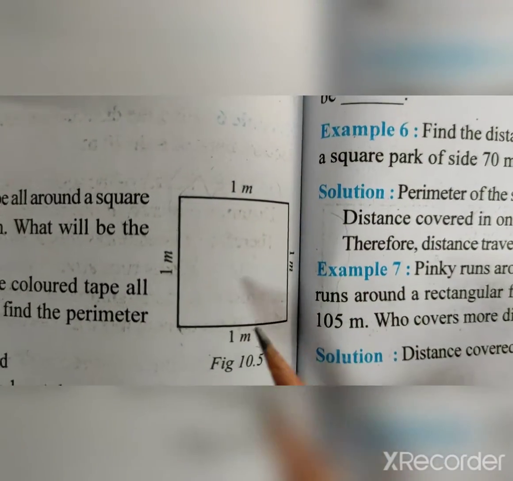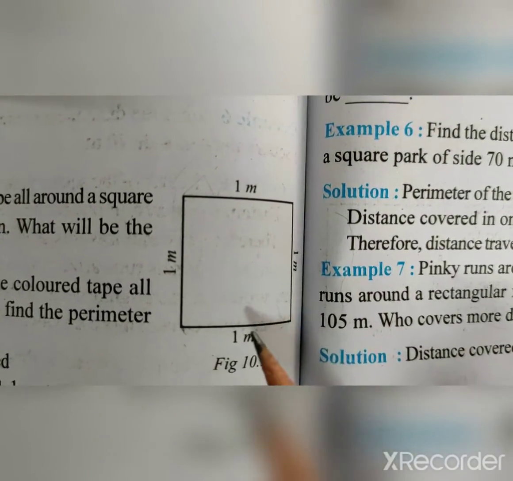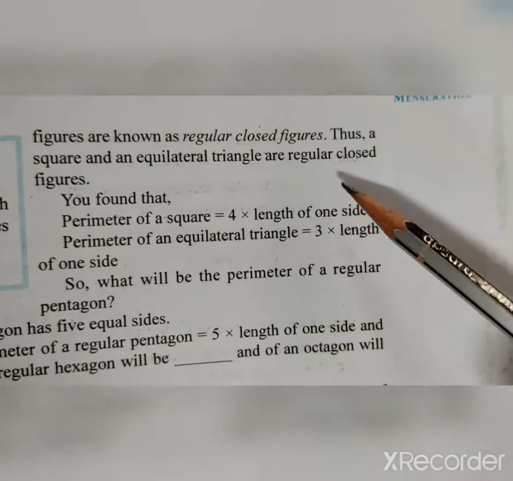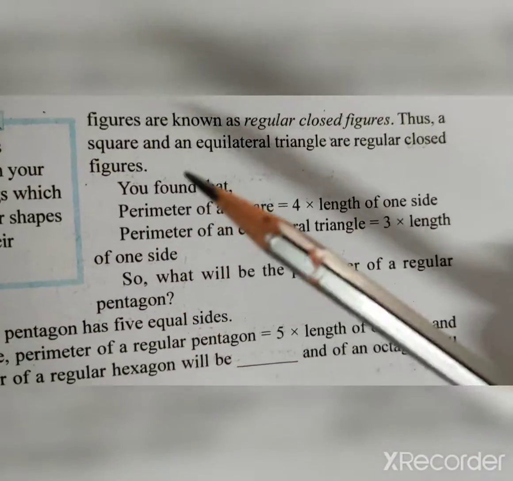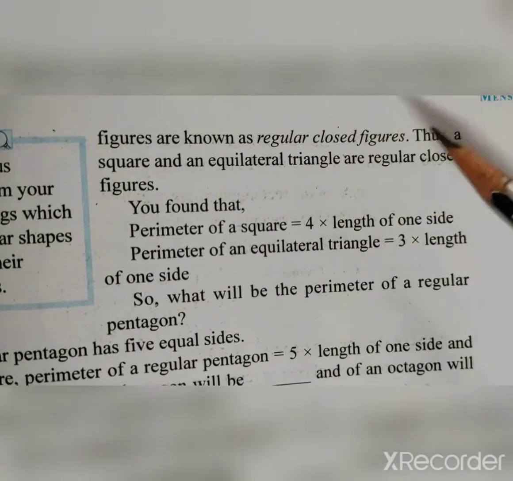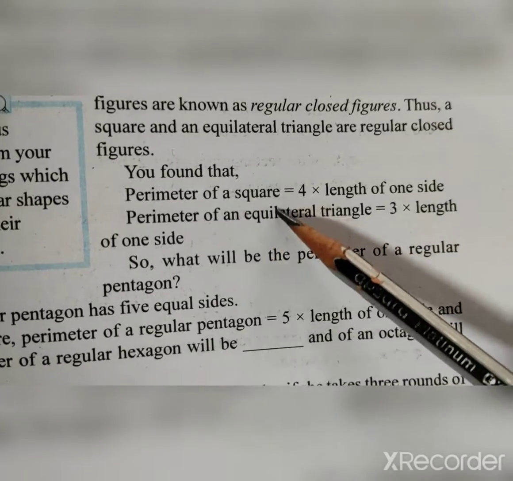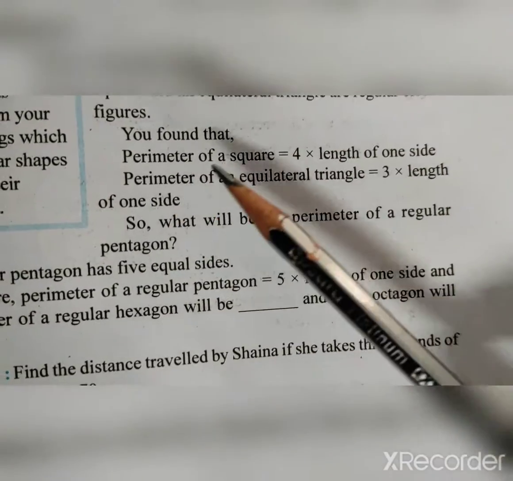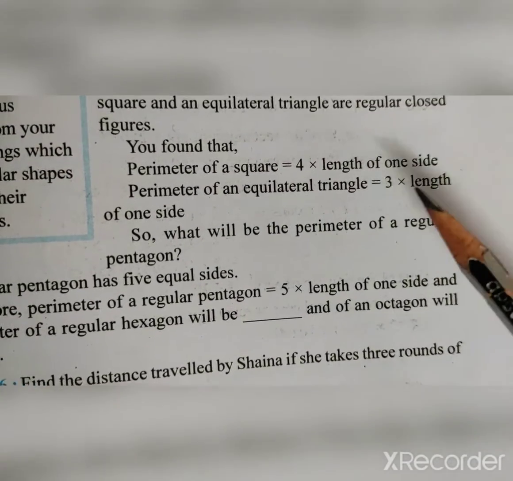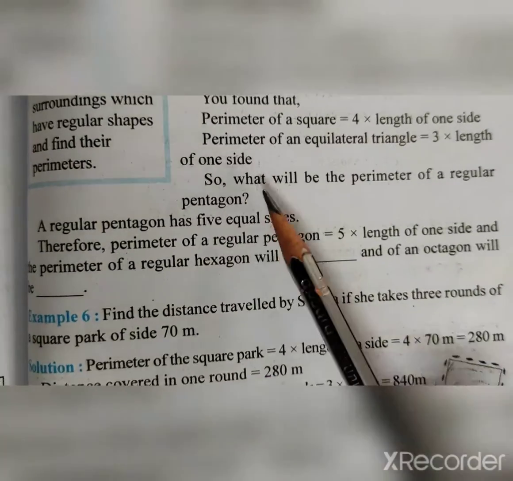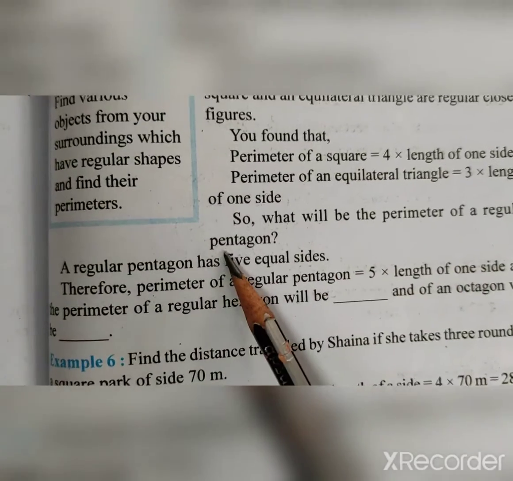So we can say that a square is a regular closed figure. Thus a square and an equilateral triangle are regular closed figures. You found that the perimeter of a square is 4 into the length of one side, and the perimeter of an equilateral triangle is 3 into the length of one side. So what will be the perimeter of a regular pentagon?